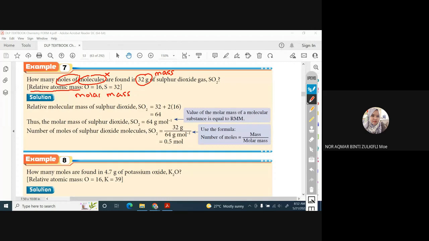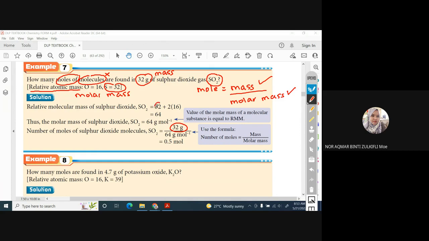So go straight to the formula. The formula is not given in the exam, so you must memorize it: mass over molar mass. They want mole. We have mass, which is 32 gram. For molar mass, since it is given in molecule form, be careful. You have to add everything. S is 32, right?